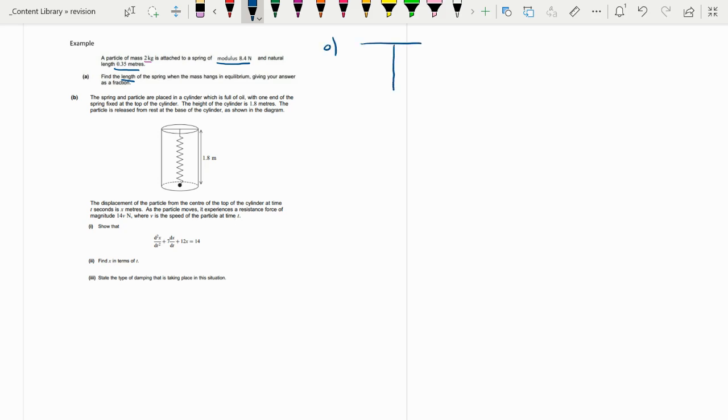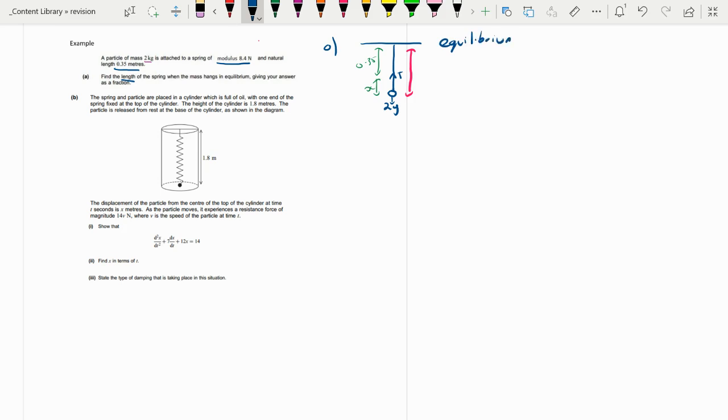If I draw my general diagram of it hanging down, I've got 2g going down and tension going up. Now if I put my lengths on as well, I know this is 0.35. I don't know what the extension is. I want the length, so I want the overall length here. So I'm going to find the extension and add it on. So let's do equilibrium.